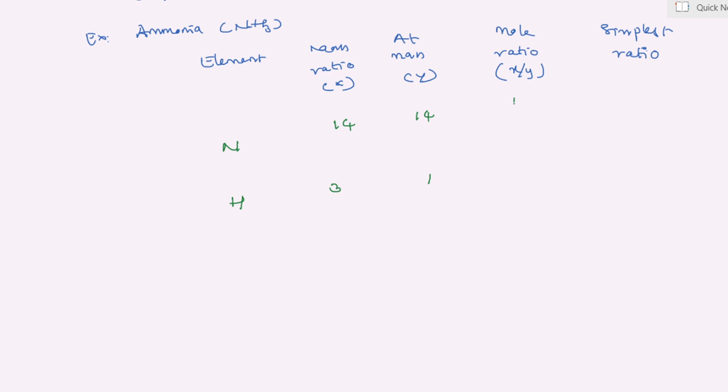Therefore, 14 divided by 14 is equal to 1. For hydrogen, mass ratio is 3 and atomic mass is 1, so it is equal to 3. Therefore the simplest ratio of nitrogen is 1 and the simplest ratio of hydrogen is 3. My dear students, is it clear? Any doubts? I think there are no doubts regarding this.